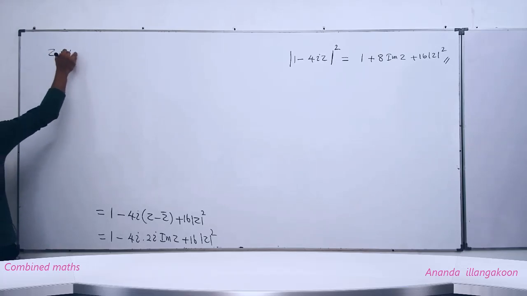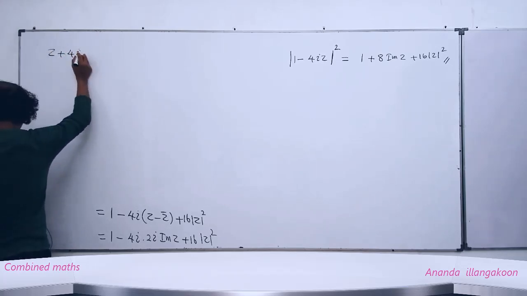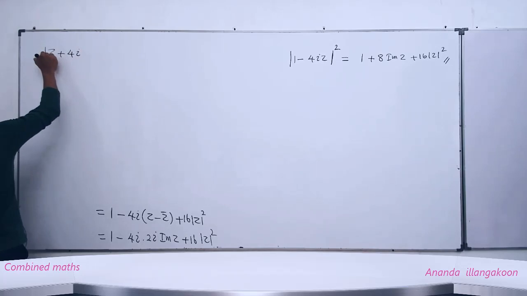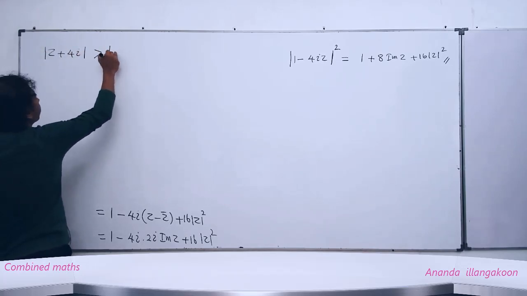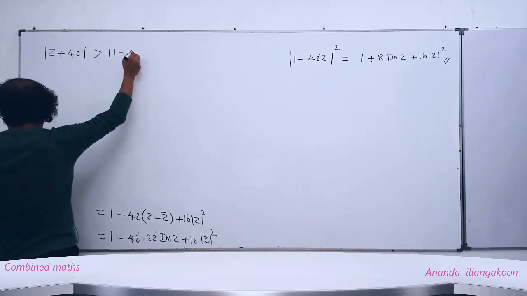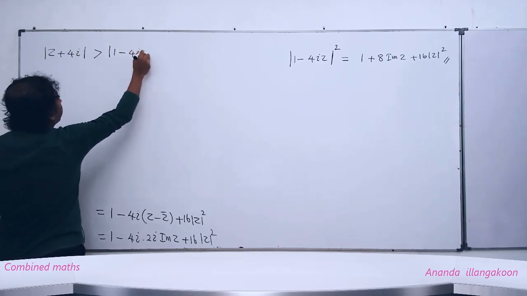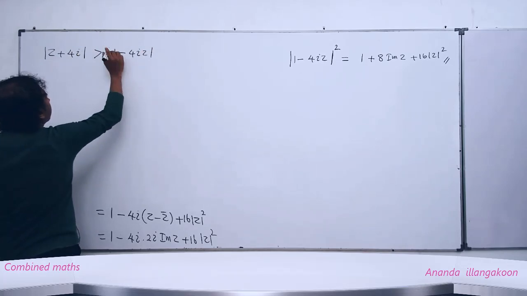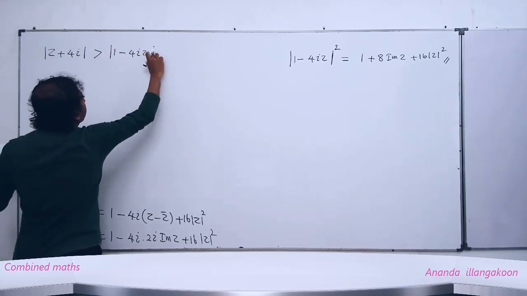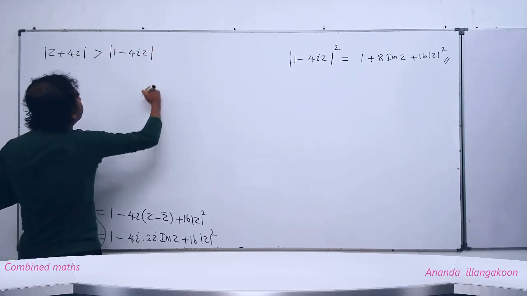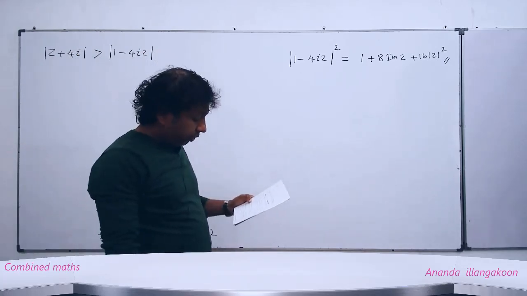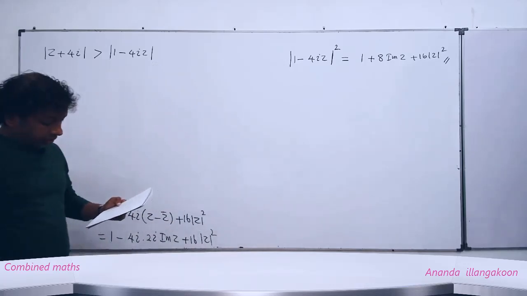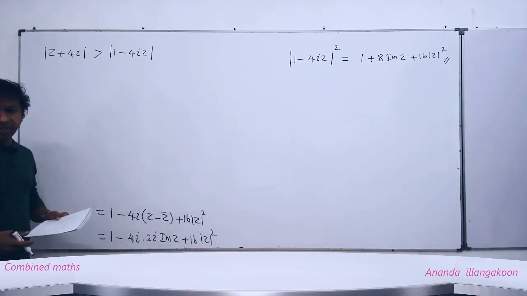Z plus 4i modulus greater than 1 minus 4i z, if and only if mod z less than 1, right?